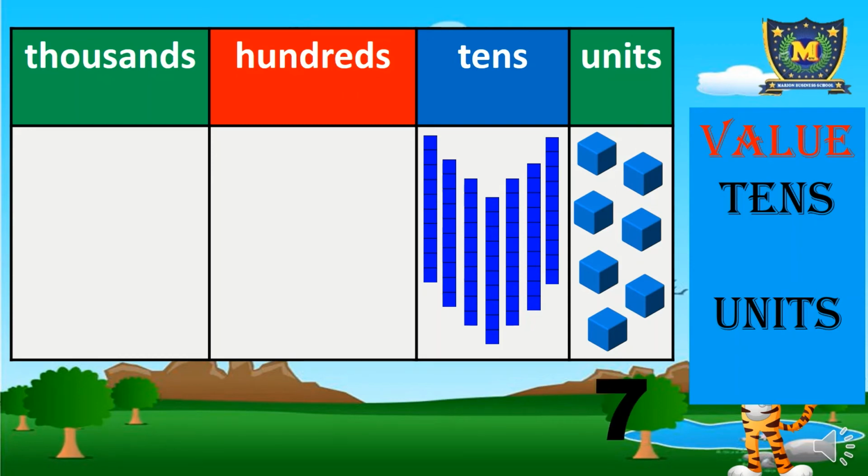How many rods do we have here on the tens place? If your answer is 7, then you're right. What's the value for 7 units? If your answer is 7, then you're right. How about the value for 7 rods? If your answer is 70, then you're right.